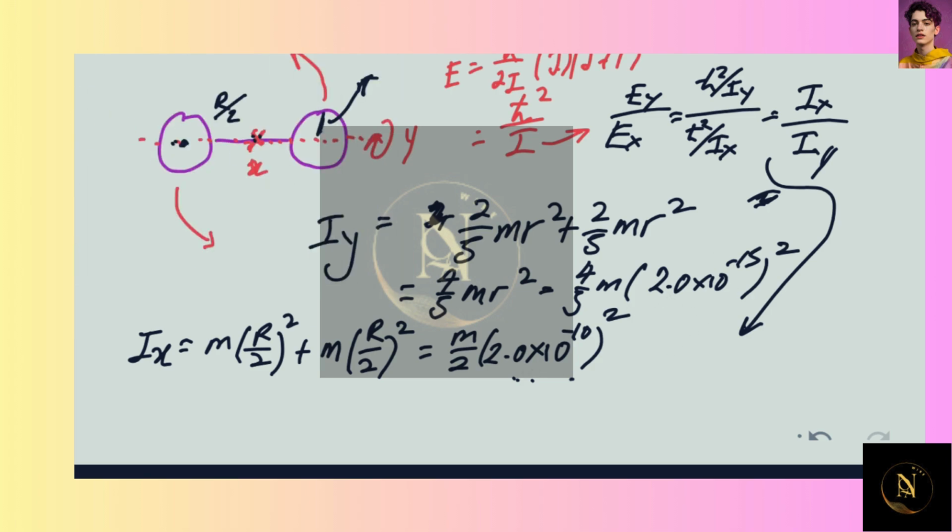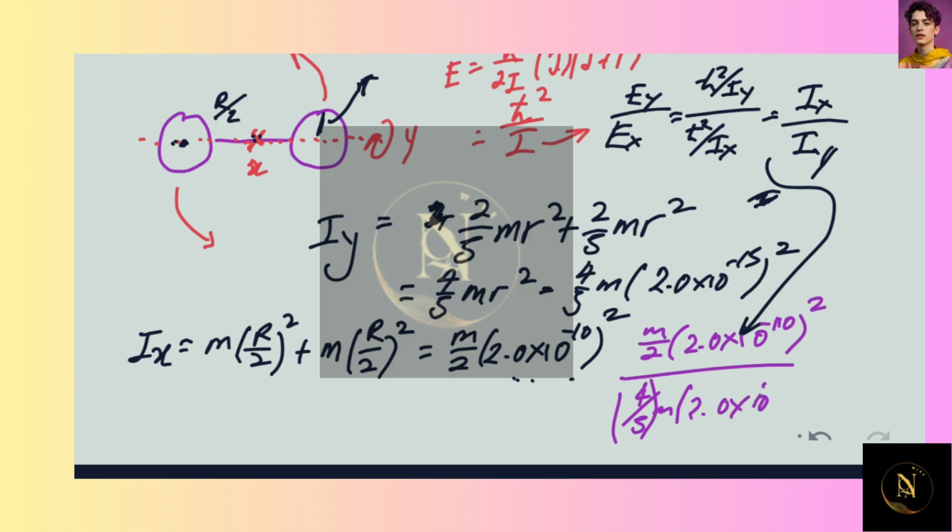And as we know, Ix is just m over 2 times (2 times 10 to the power minus 10) squared, and for Iy, it's 4 over 5 times m times (2 times 10 to the power minus 15) squared. The resulting answer from this is about 6.25 times 10 to the power of 9.